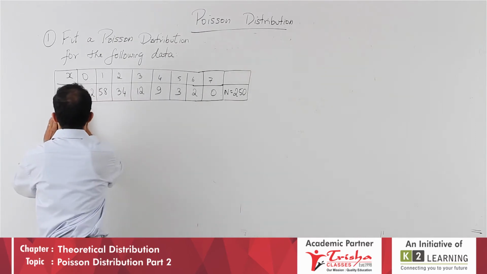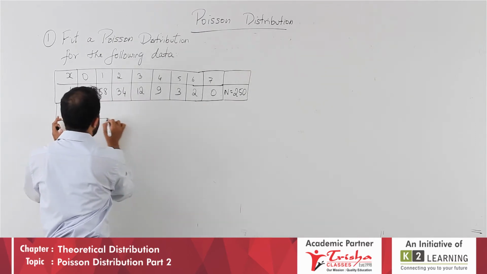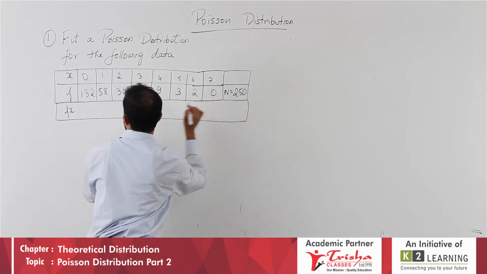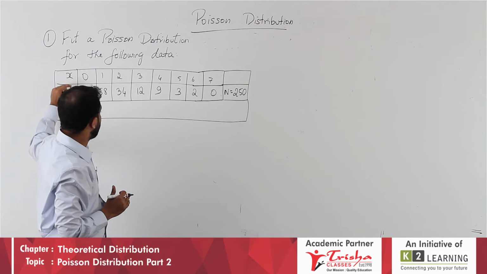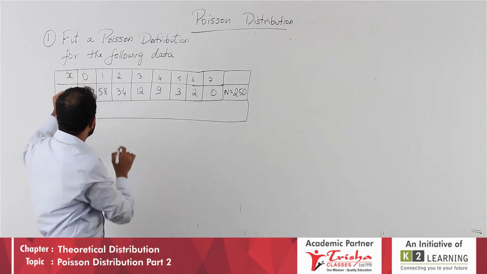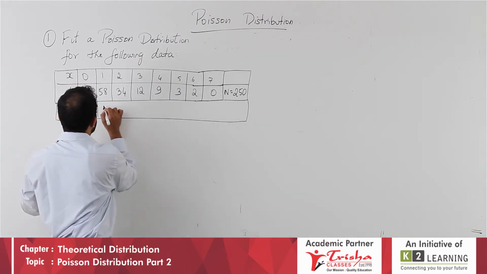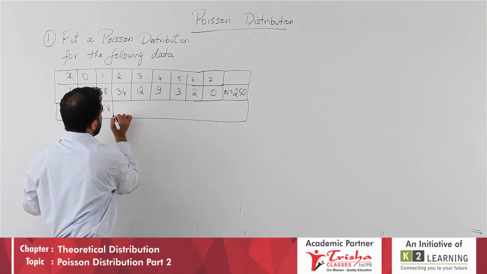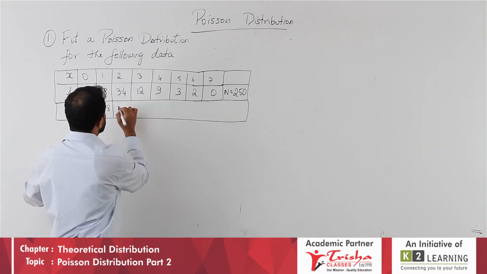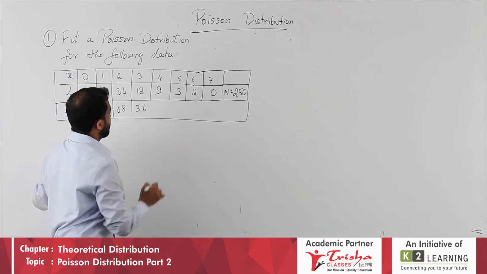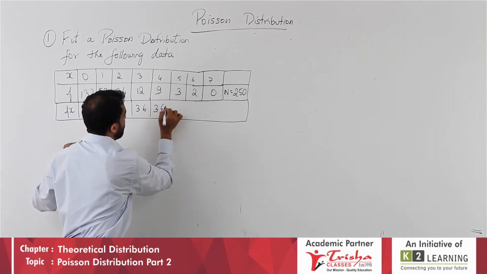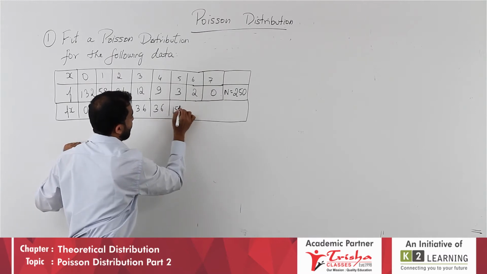Next step is to find out fx. Let us see how to find out fx. Multiply the columns students, f into x. 132 into 0 is 0, 58 ones are 58. Similarly, multiply all of these. This is 68, this is 36, 9 4s are 36, 5 3s are 15.